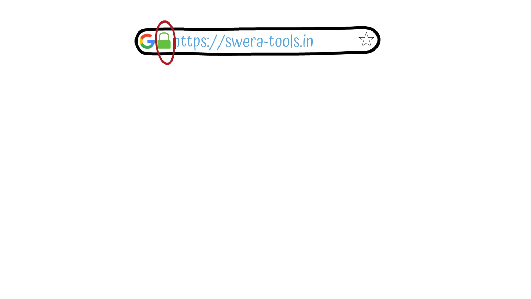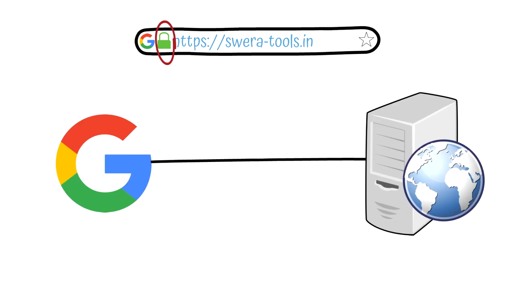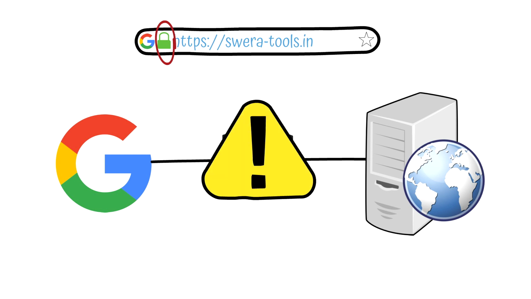Your browser communicated with the server where Swera Tools is hosted, and they both established a secure connection to transmit messages. But first, they need to agree on how to communicate securely. If the negotiation is not successful, your browser lets you know by showing an error or warning. If an agreement is reached, your browser is happy to display a padlock on the address bar.